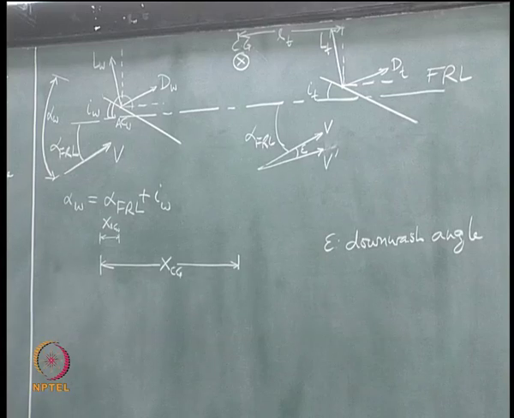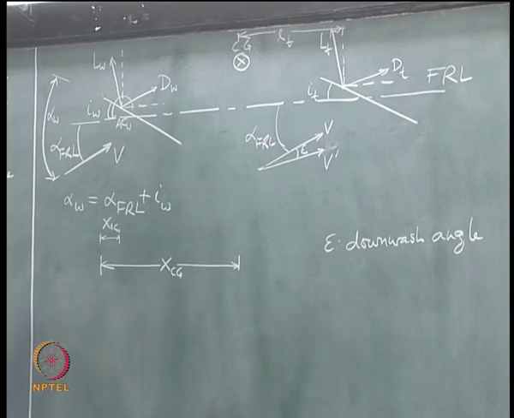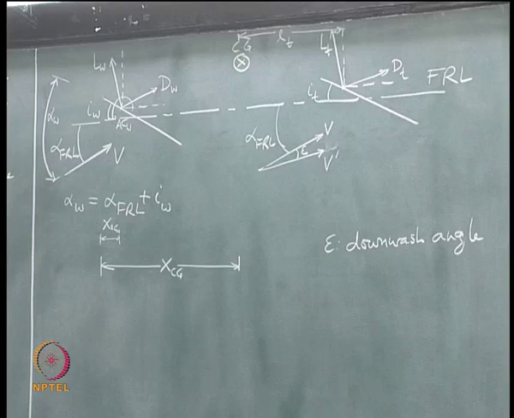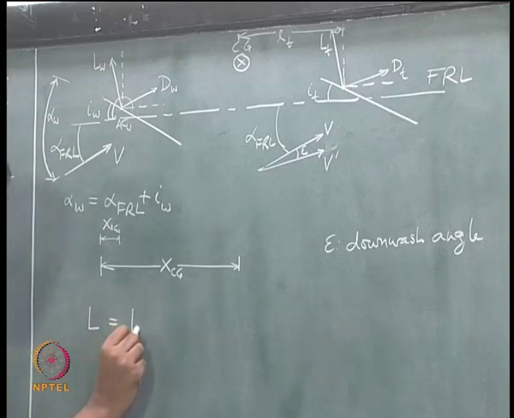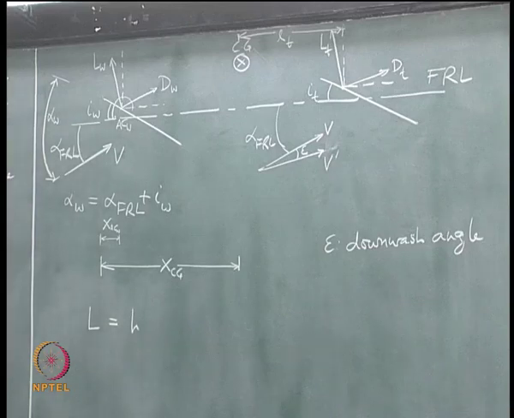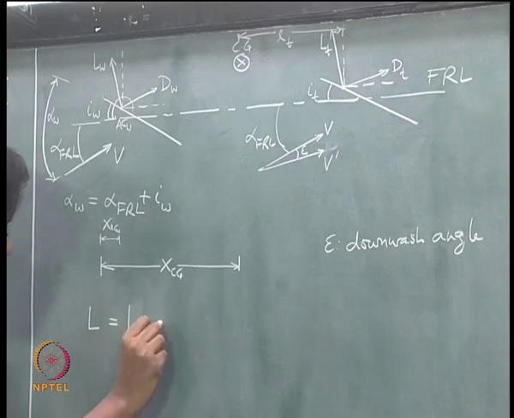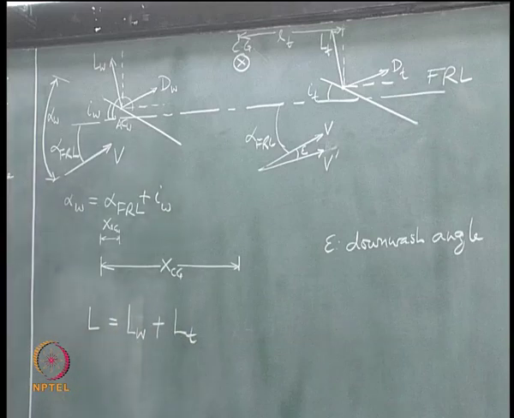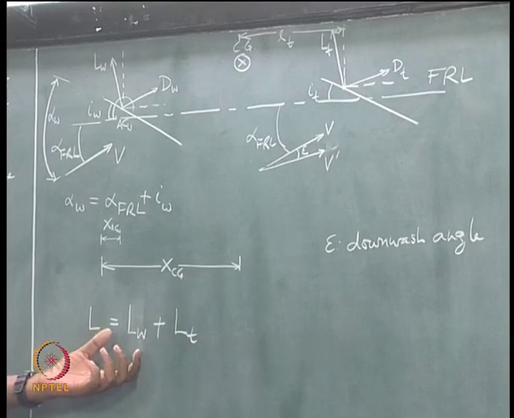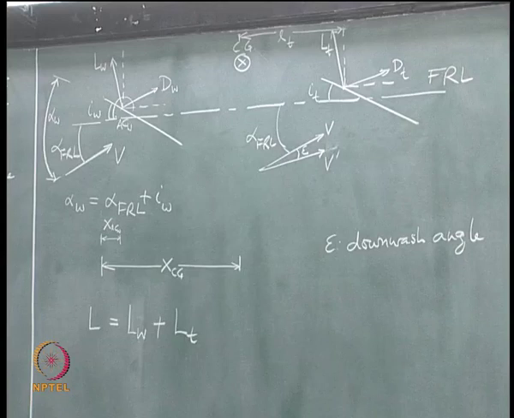Now, if I want to find out what is the total lift coefficient of this wing plus tail configuration, then you have to add the two lift contributions, right, the lift coming from the wing and the lift coming from the tail.